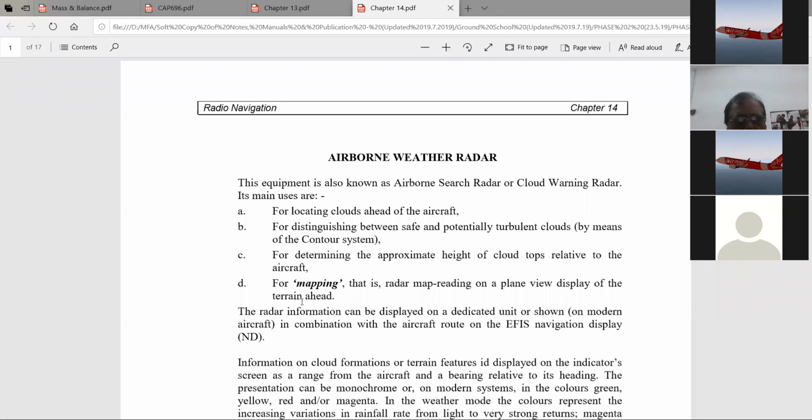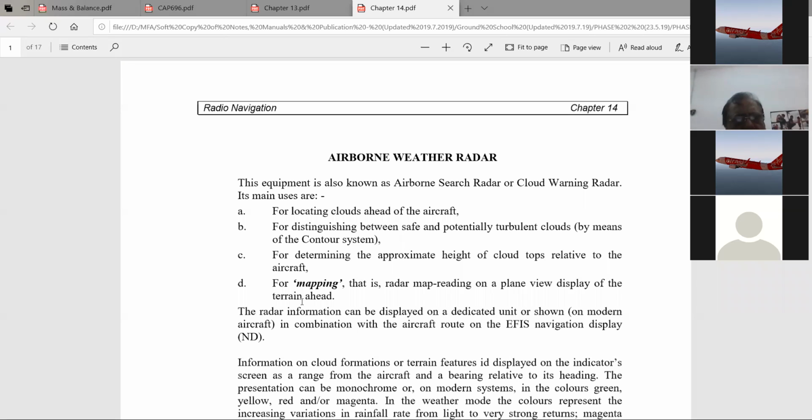Once you put the weather radar on, the main purpose here is to distinguish between a turbulent cloud or a cloud which is not considered dangerous. You can fly through. So you have to identify. Once we study this article further, we'll be able to find out how you can identify.